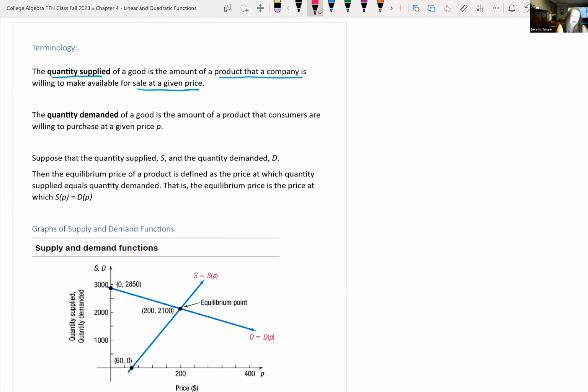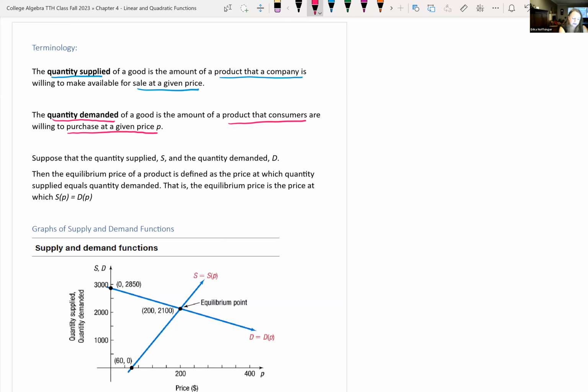If we're looking at the quantity demanded of a good, it is the amount of a product that consumers are willing to purchase at a given price P. Let's suppose that the quantity supplied is S and the quantity demanded is D. Then the equilibrium price of the product is defined as the price at which the quantity supplied is equal to the quantity demanded.